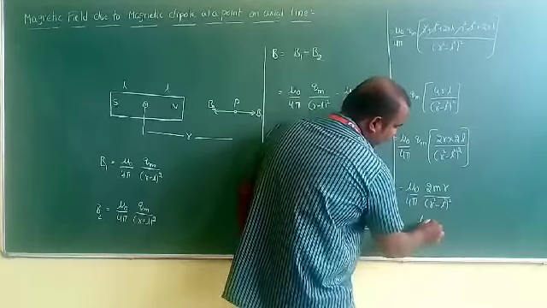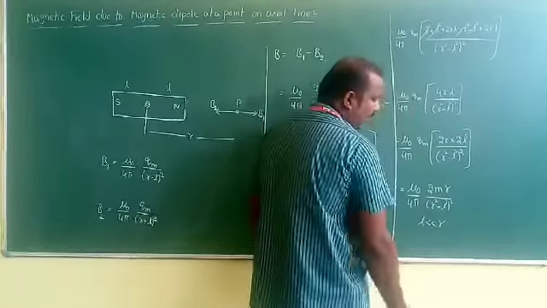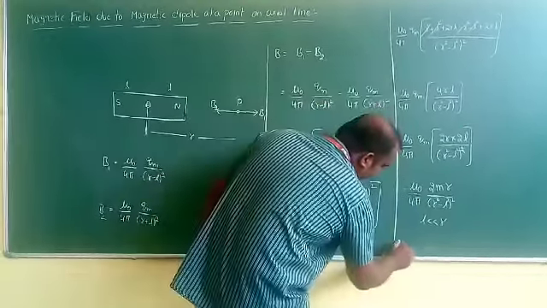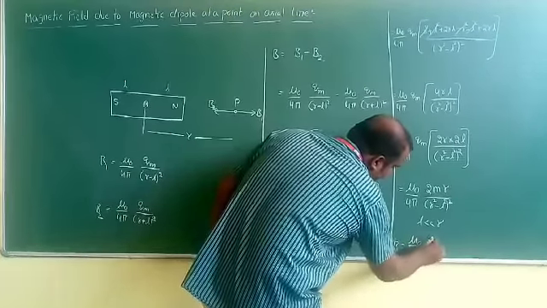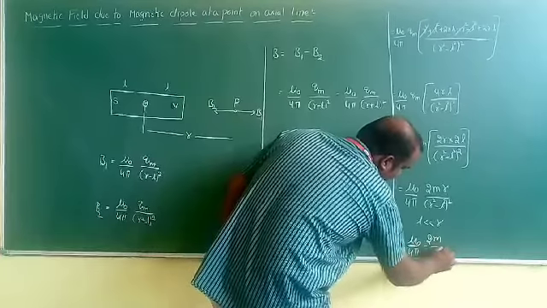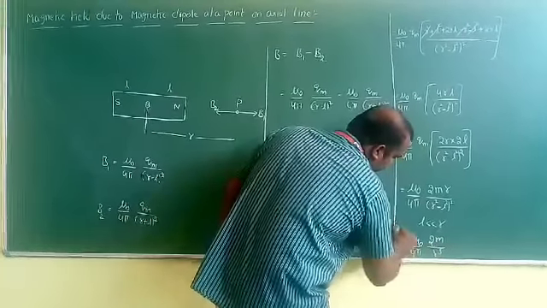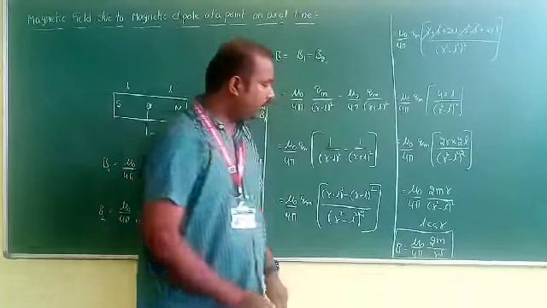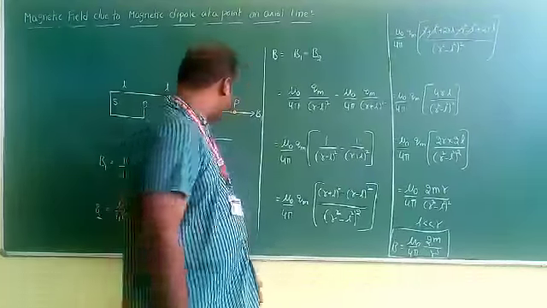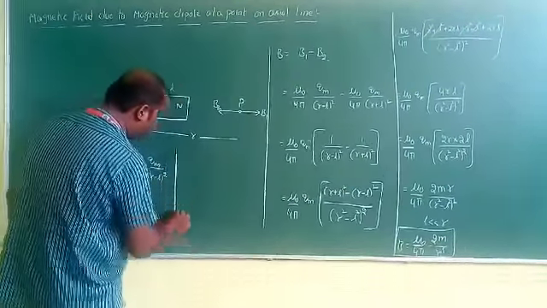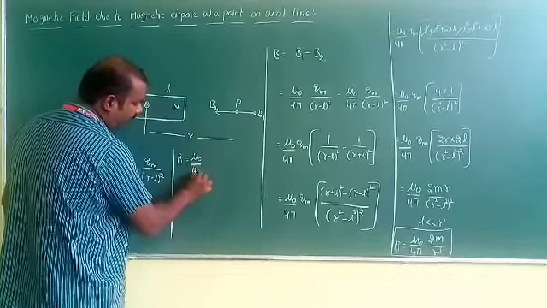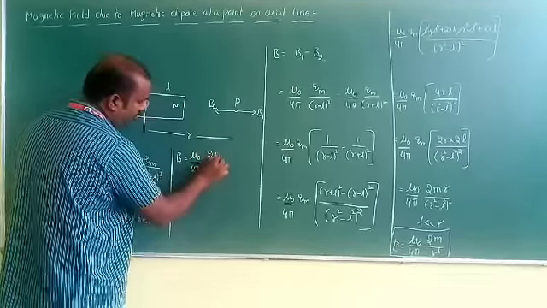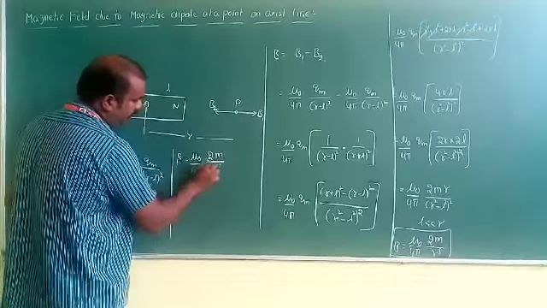Suppose L is much less than r, then L can be neglected, and finally I get B is equal to mu naught by 4 pi into 2m by r cube. Here I am writing the final equation.